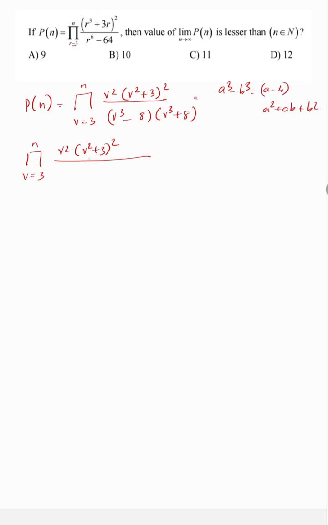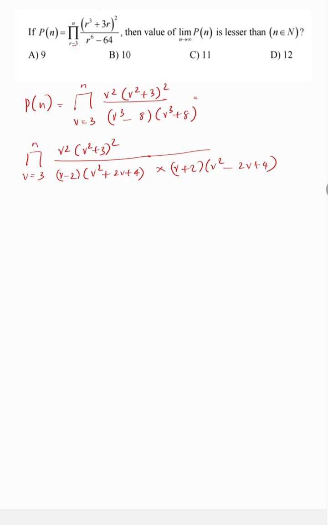So I am using it here. So it will be (r minus 2) into (r square plus 2r plus 4), into, and I am using a cube plus b cube here. So it will be (a plus b) into (a square minus ab, which is r square minus 2r plus 4). So this is what I have got.